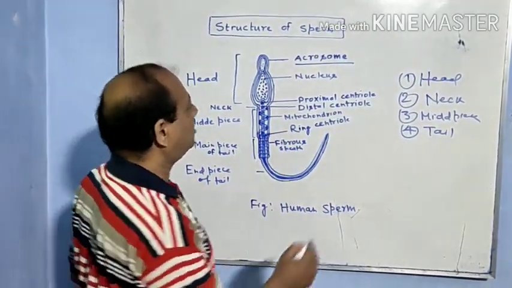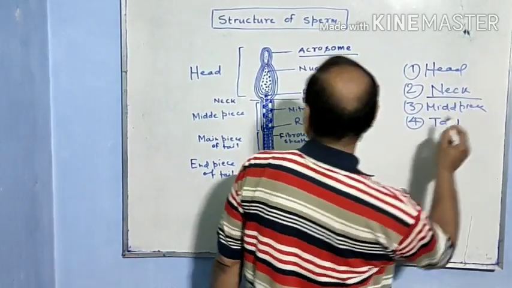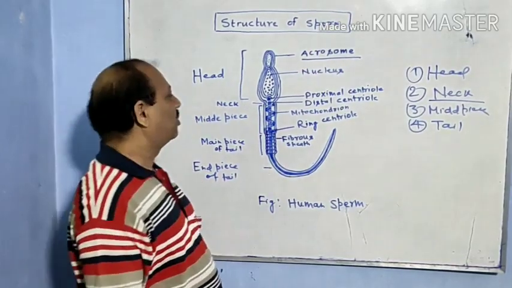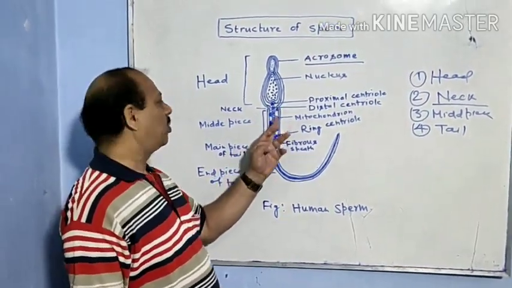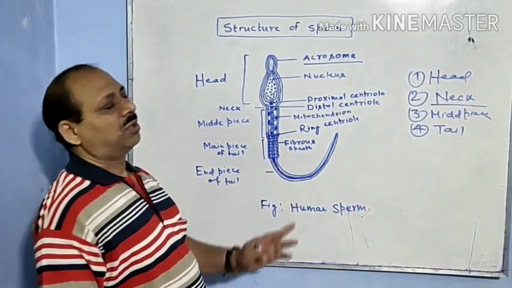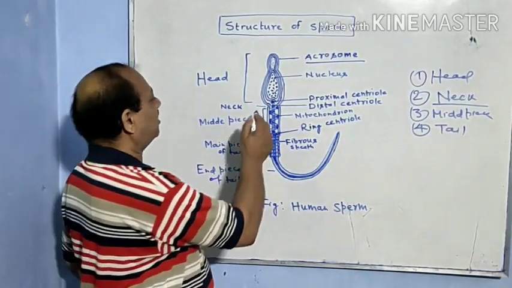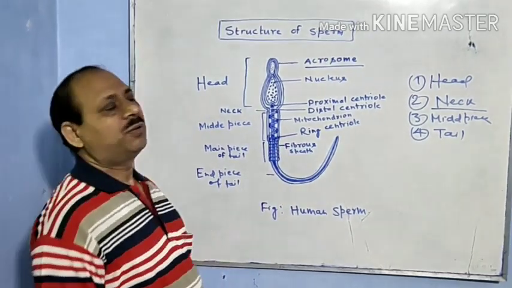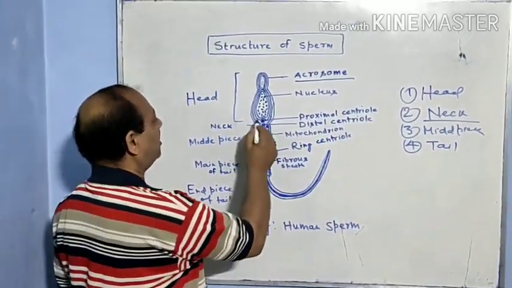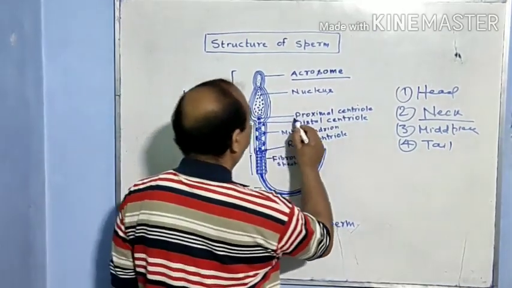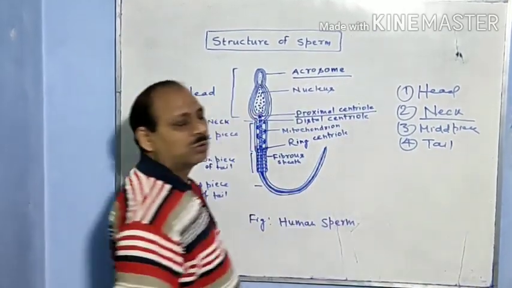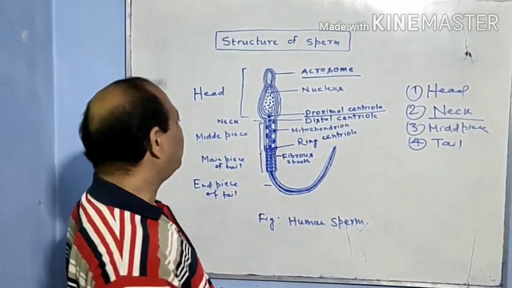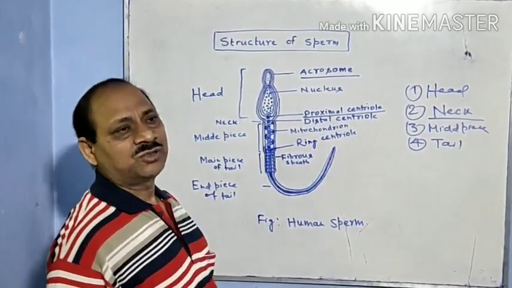Next part is neck. Neck is a very small or short part located below the head. It is present between the head and middle piece. It contains a proximal centriole which helps in first cleavage.